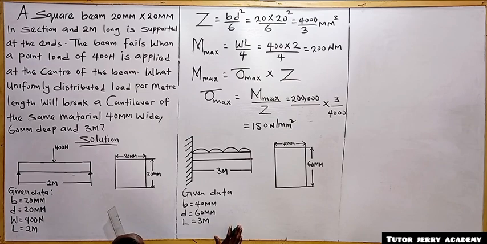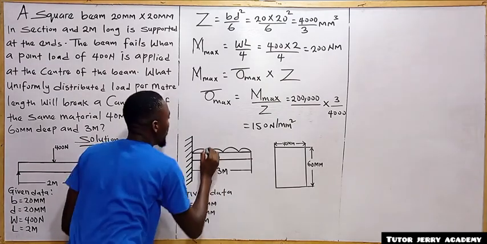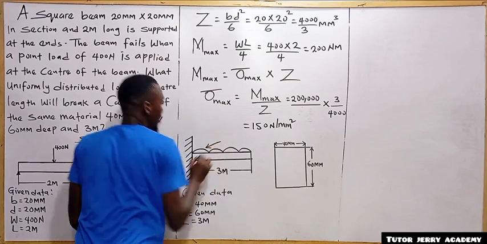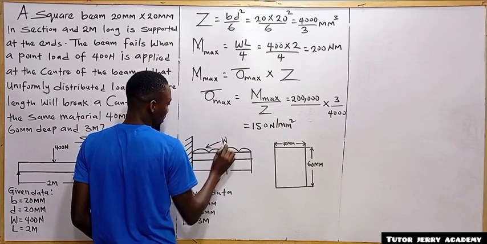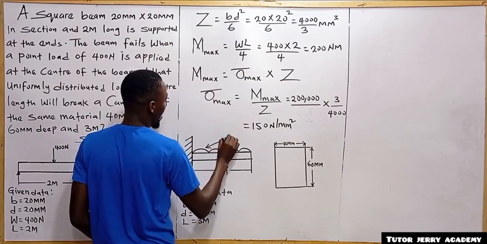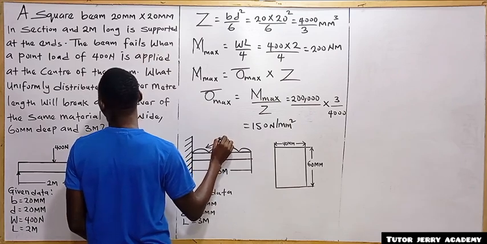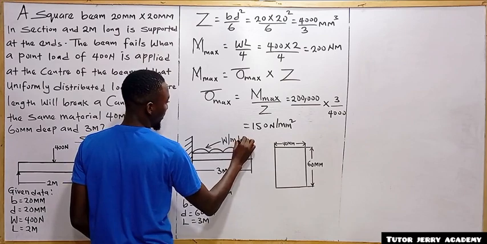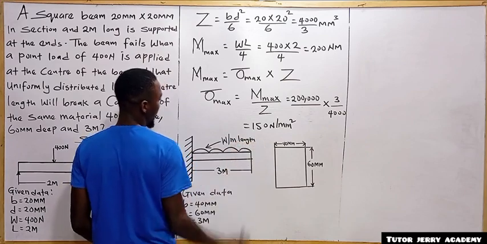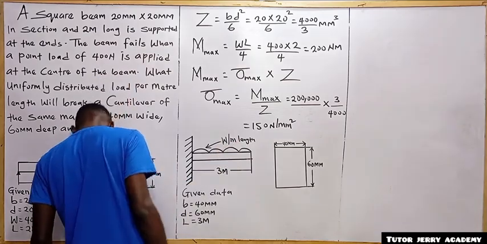So what we want to look for is the weight, that is the load on this cantilever, the UDL on the cantilever, per meter length. All right, so this is what we want to look for.